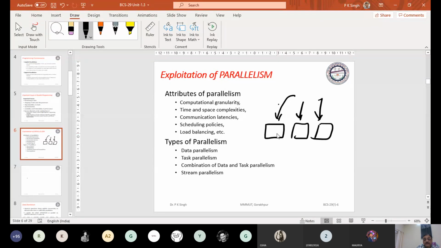Now, types of parallelism: we have data parallelism, task parallelism, a combination of data and task parallelism, and stream parallelism. In data parallelism, we can divide the data for its manipulation through different processing elements. The combination of both means we have different sets of data, as in the case of MIMD architecture.